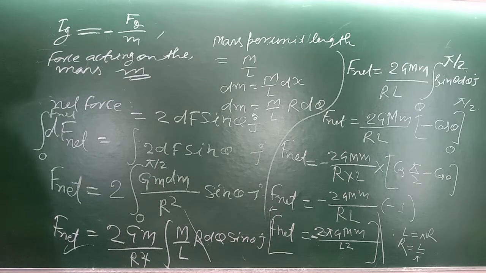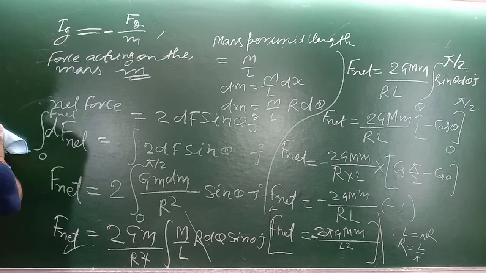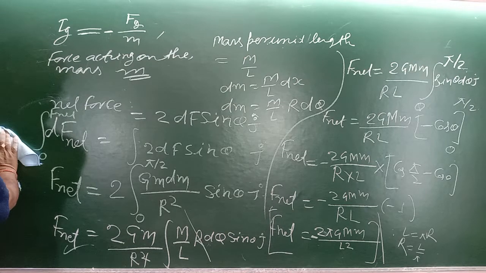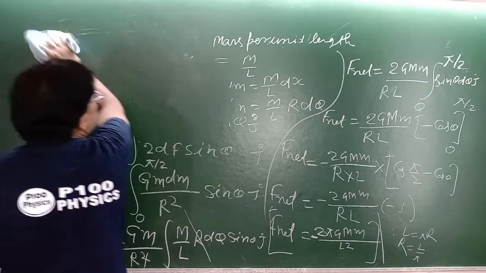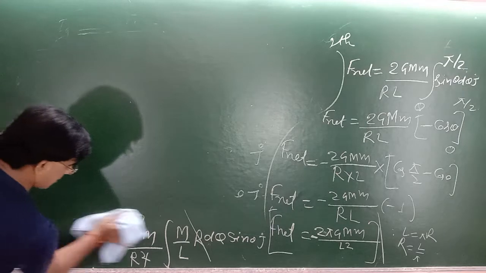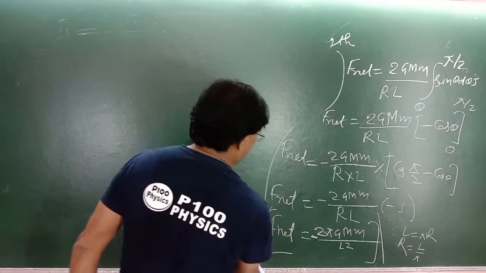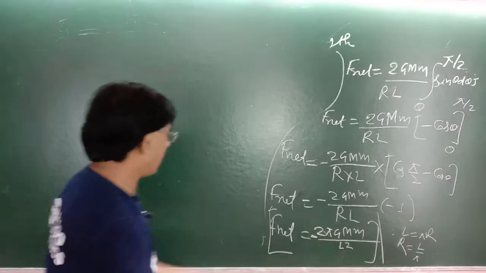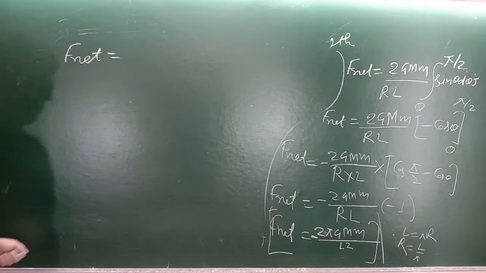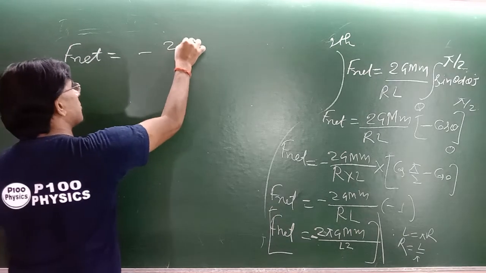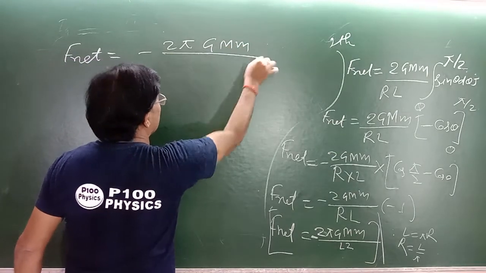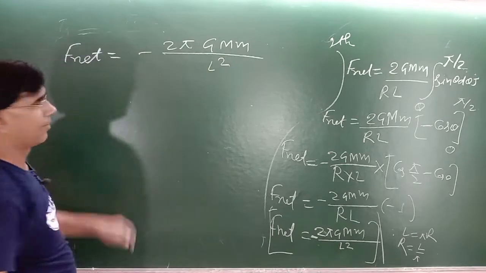This is a very fantastic proof. Now come on, the next: F net equal to minus 2 pi GmM upon L square. This is the fantastic answer of the F net.